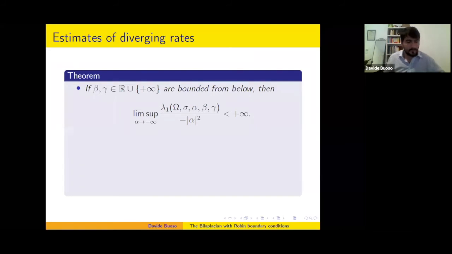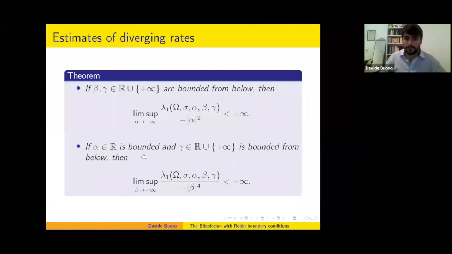So we start with the case of alpha going to minus infinity. And here, let me recall that omega is only Lipschitz. So we have an upper estimate on the rate of the divergence, and you see that the divergence when alpha goes to minus infinity of, say, the first eigenvalue is at most as minus alpha squared.